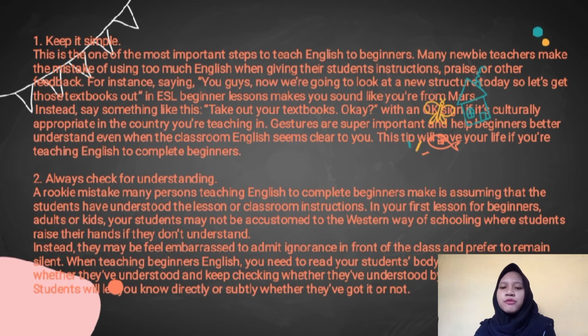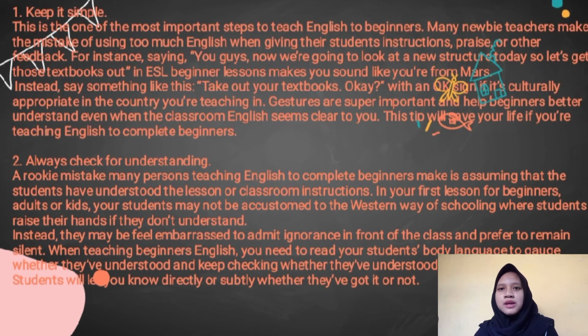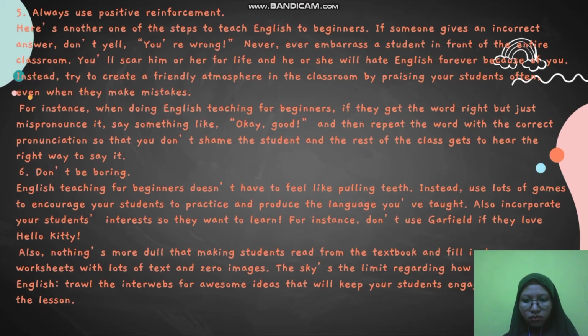Instead, they may feel embarrassed to admit ignorance in front of the class and prefer to remain silent. When teaching beginner English, you need to read your students' body language to gauge whether they've understood and keep checking. By asking "okay," students will let you know directly or subtly whether they've got it or not. Okay, the next material will be read by Sinta.